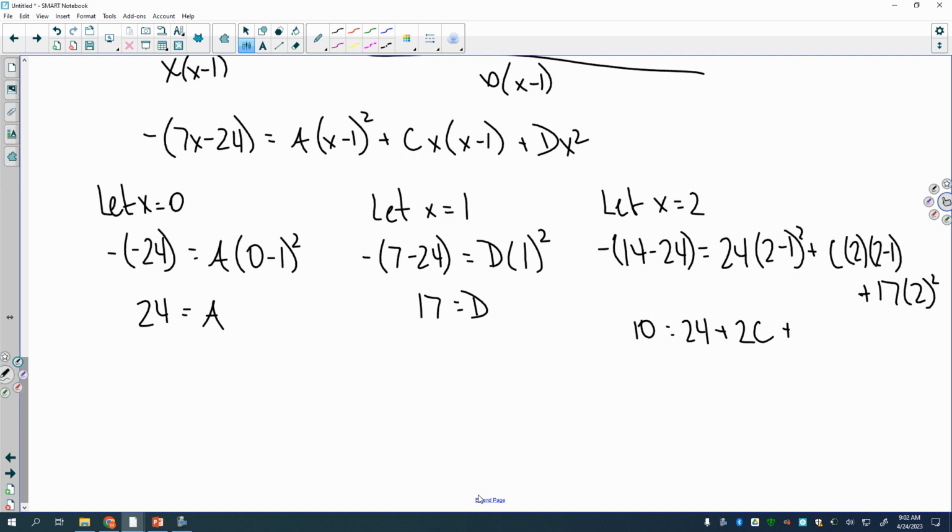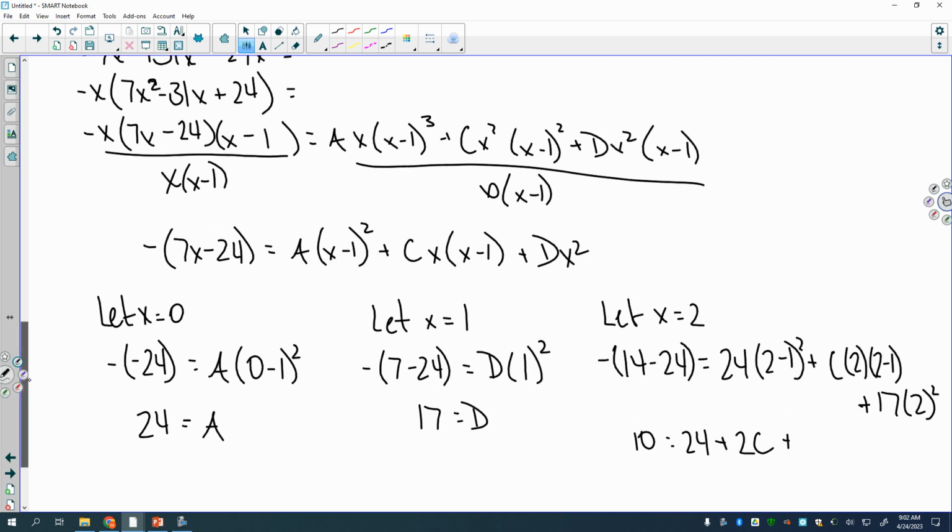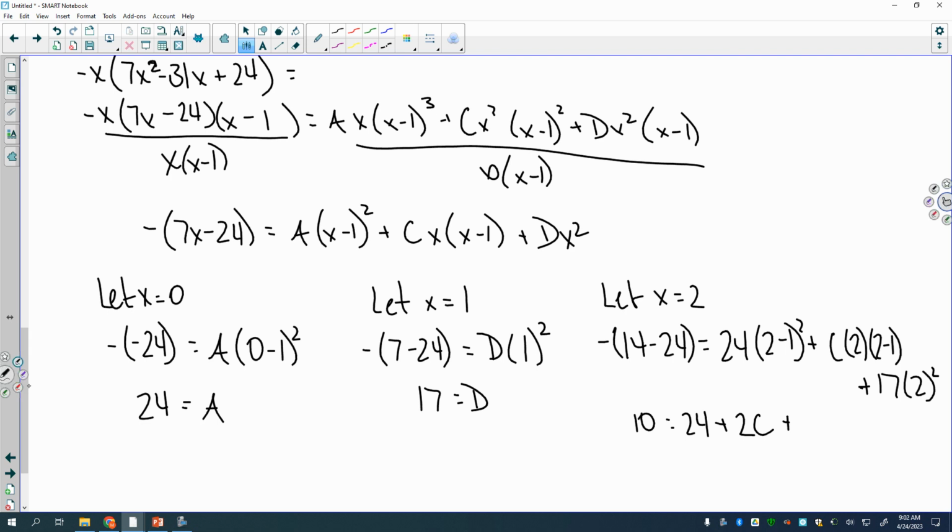And when I do that, oh, I made a mistake here that I didn't catch earlier. It doesn't make a difference with A or D, but that should not be a squared, which means that shouldn't be a squared. D is still 17, but it does make a big difference there.